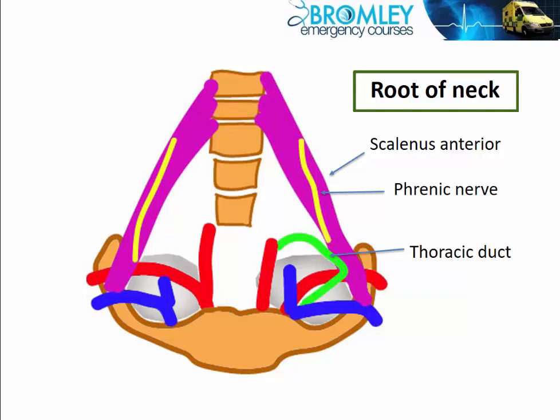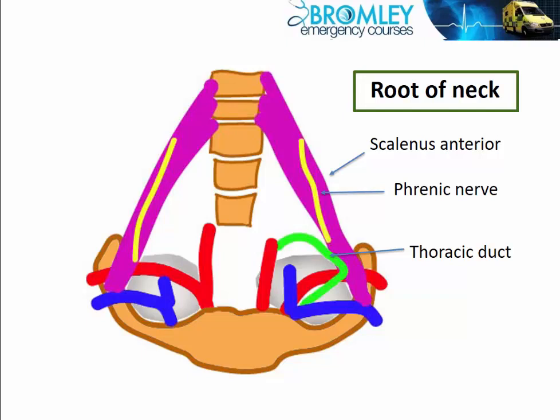The other structure that I've labelled here is the thoracic duct in green, just worth being aware of that. About the only time that's significant to us in emergency medicine is when we put in a subclavian line. We don't do that as often now that with the use of ultrasound we tend to go for internal jugulars. But if we put a subclavian line in on the left, there is a risk of damage to the thoracic duct.